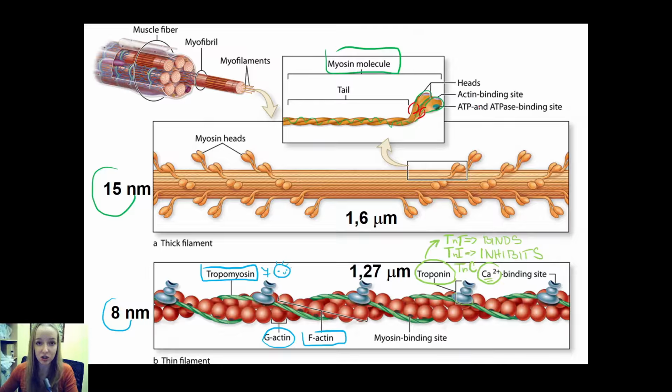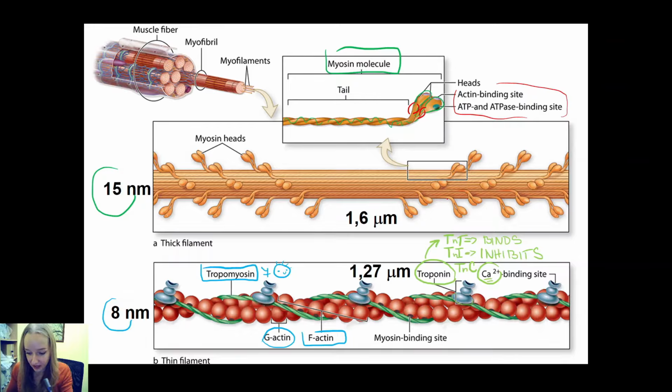We need energy to contract our muscles. So we have the actin binding site and the ATP binding site, which also has ATPase activity, because you need to somehow cleave the ATP in order to release energy. That's what is happening here. And you can see there are many myosin molecules arranged together in this very big thick filament, the twisted structure.